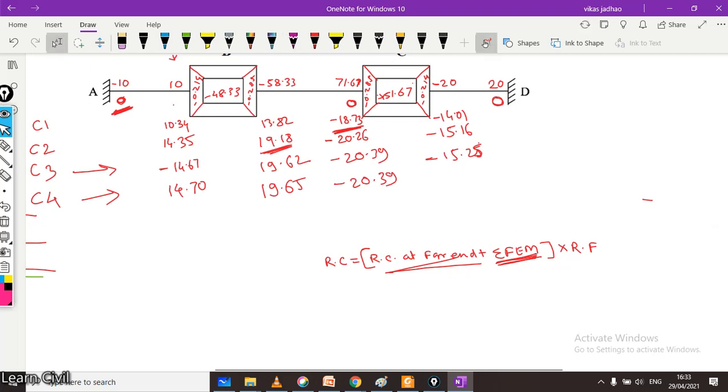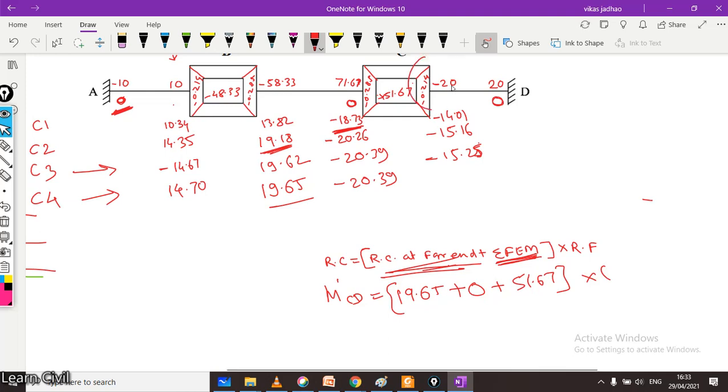Rotation contribution for CD, M dash CD, is equal to the rotation contribution at far end, that is this 19.65, plus rotation contribution this 0, plus summation of fixed end moment, this 51.67, multiply this with the rotation factor of minus 0.214, so this will be equal to minus 15.25. Just write down this value here, minus 15.25. Okay, and I will delete this formula.